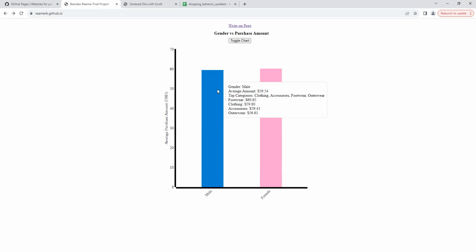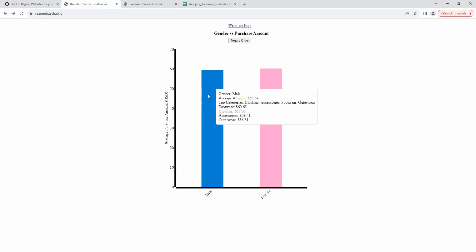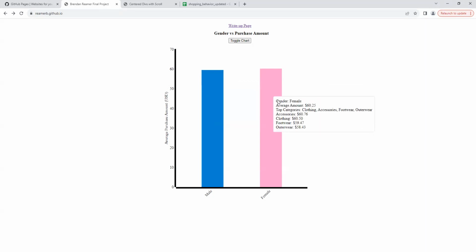If we look at that, 60.65, 59.80, 59.41, and then we go over here, 60.76, 60.50, 59.47. So we can immediately see that on the male side, their top four categories are just a little bit lower than the female categories on average.